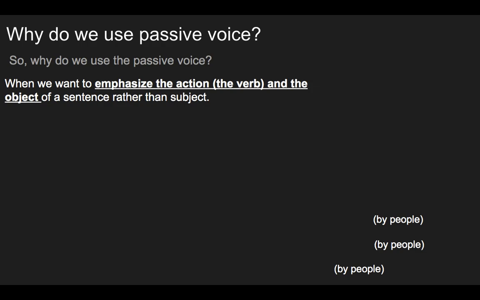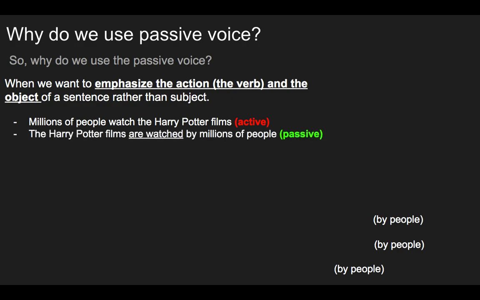So, why do we use the passive voice? We use the passive voice when we want to emphasize the action. So, in the last example it was the eating of pizza. So the verb, the action, and the object, rather than the subject. So for example, in the active voice, millions of people watch the Harry Potter films. In the passive voice, we're focusing on the Harry Potter films.